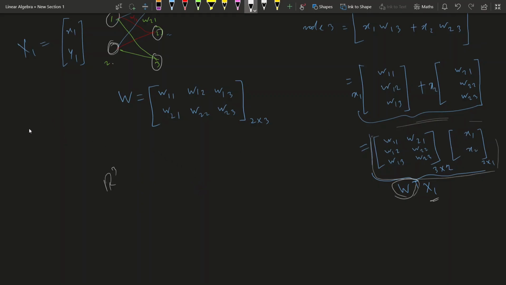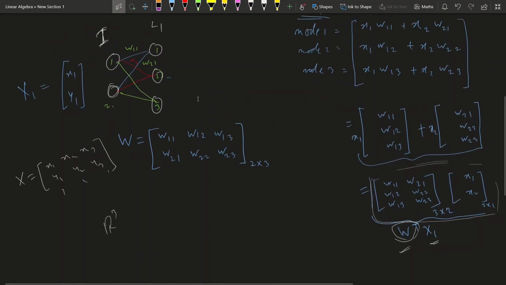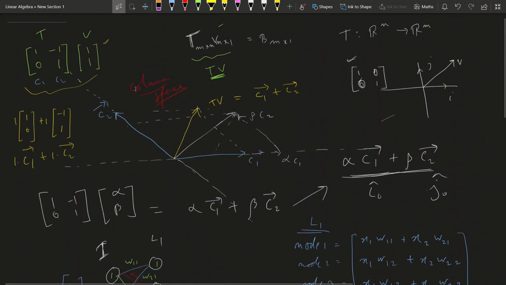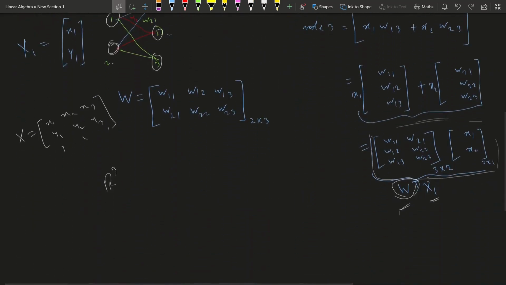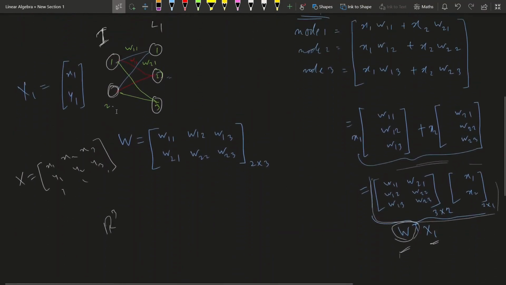Means all the points, let's say you have a data set x with x1, y1, x2, y2 and x3, y3. Then all these 3 individual points will be mapped into the column space of the W transpose matrix. So we can say, from our discussion, that this is nothing but a matrix multiplication, and neural networks have weights and you multiply them in this fashion, right? So this is what matrix multiplication is.